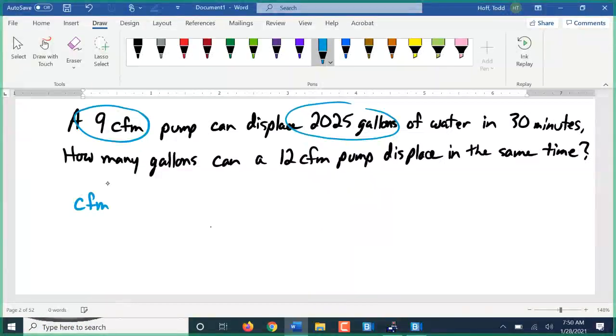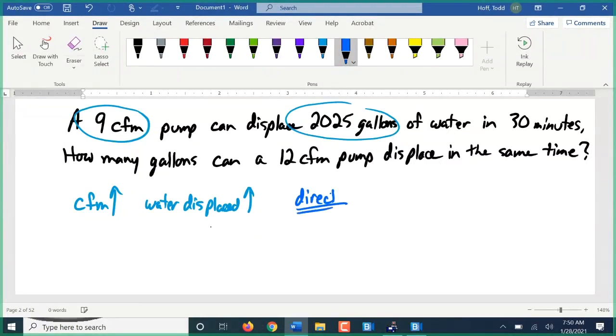So if the CFM gets larger, we would expect the water displaced to also get larger. So this is a direct relationship, which means it's a constant ratio.